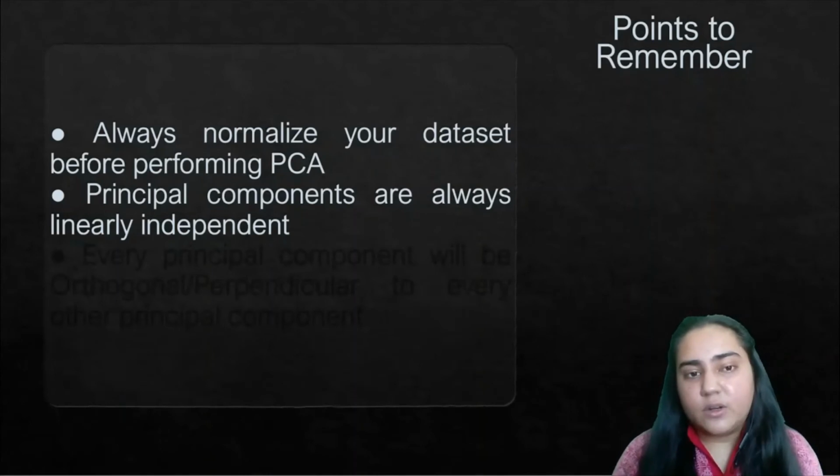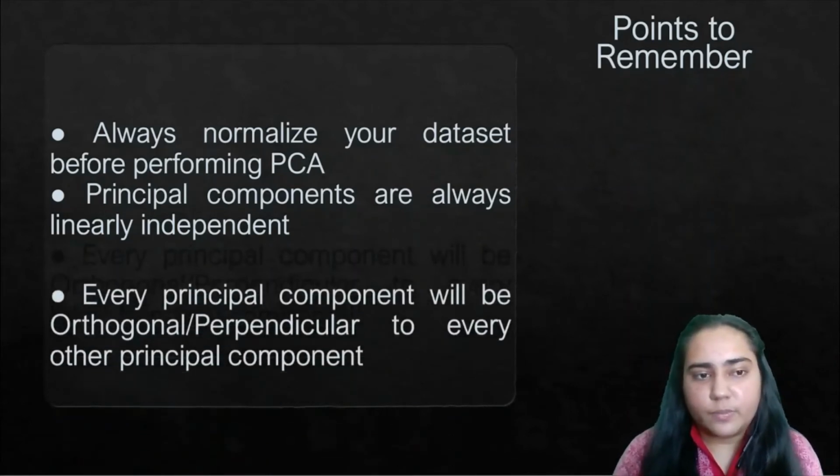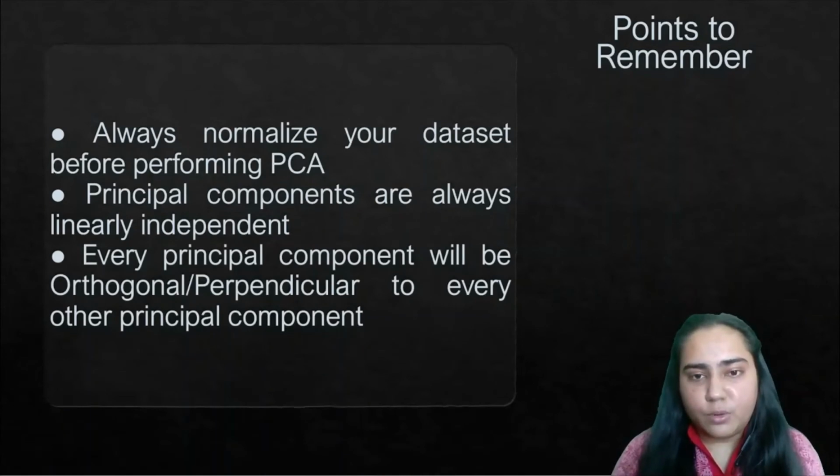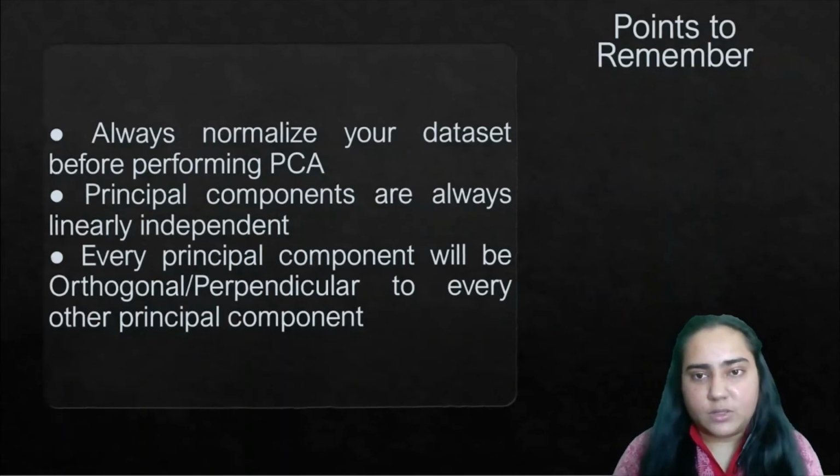If something is linearly dependent, you try to remove one of those dimensions. Every principal component will be orthogonal or perpendicular to every other principal component. So this is the opposite of being linearly dependent. Linearly dependent would mean it goes up in a straight line, but orthogonal or perpendicular would be a 90-degree relationship.